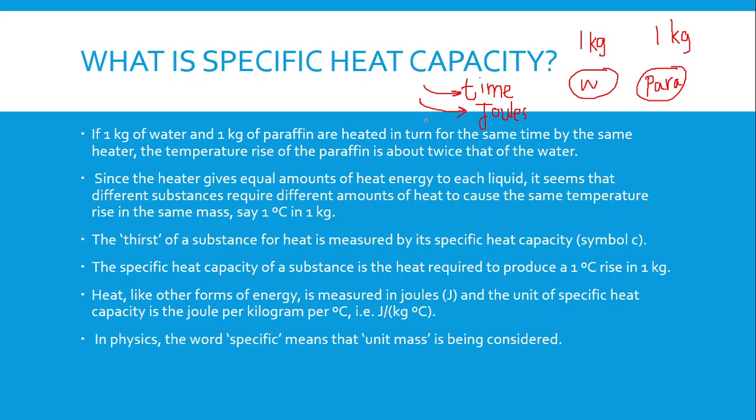The thirst of a substance for heat is measured by its specific heat capacity. So the amount of heat that it requires in order to exhibit a 1 degree change in 1 kilogram of mass is called the specific heat capacity. The specific heat capacity of a substance is the heat required to produce a 1 degree rise in 1 kilogram.